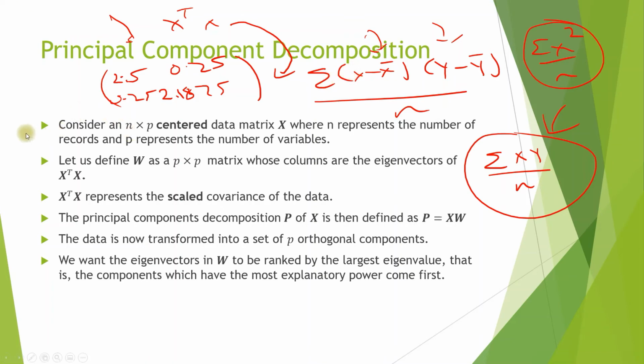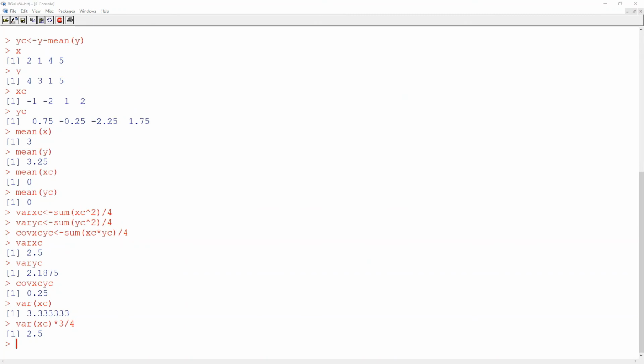Okay, so let me get back to R. We are going to see if we get the same elements that you got here, but now not through algebraic manipulation like this, but through matrix manipulation.